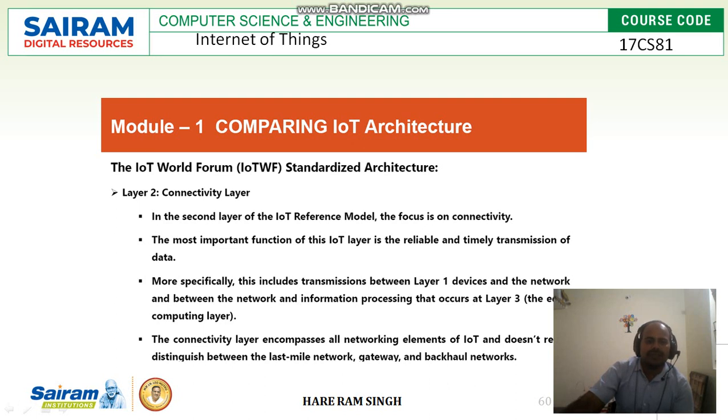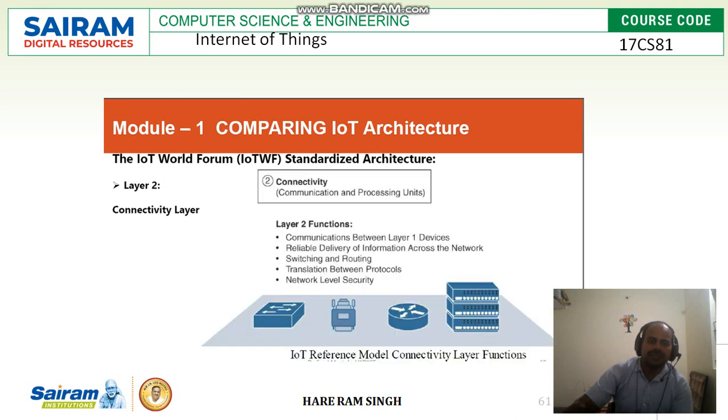The connectivity layer encompasses all networking elements like IoT and does not really distinguish between last mile networks, gateway and backhaul networks. So it provides all the connectivity elements, protocols, and things. Different connectivity devices, you can see switch, gateway, routers, and all those things.